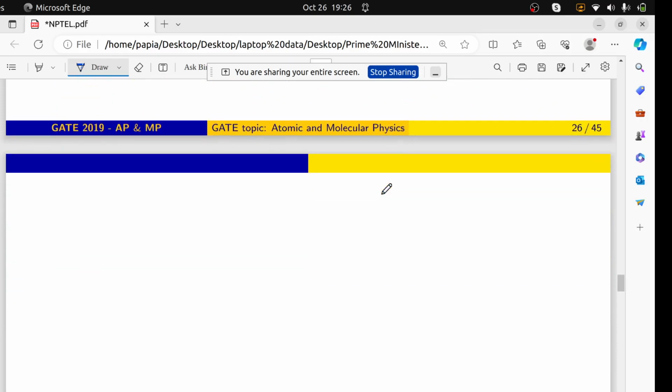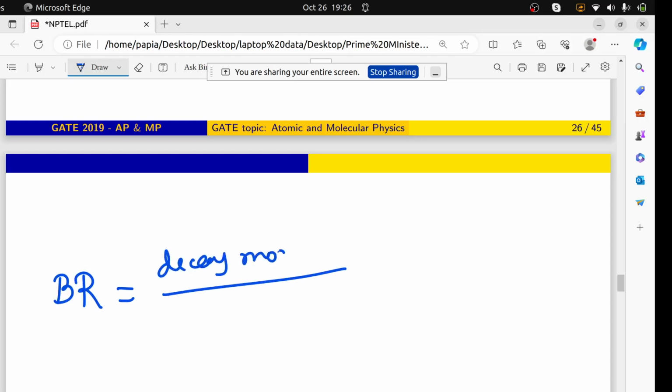Okay. So now what is branching ratio? The branching ratio can be written as the decay mode of beta, because they are asking about only beta decay, right?